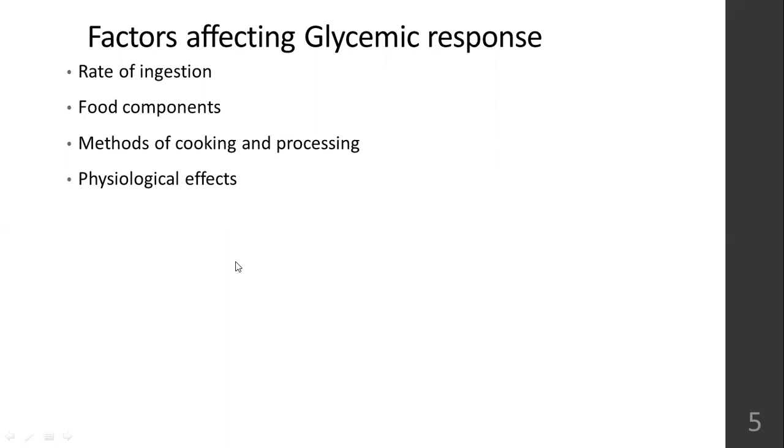Then you have physiological effects as well, like acidity. When you increase the acidity in your meal, when you have something citrus, like a citrus salad as the first thing in your meal, and then you eat your carbohydrates, it can lower your glycemic index.